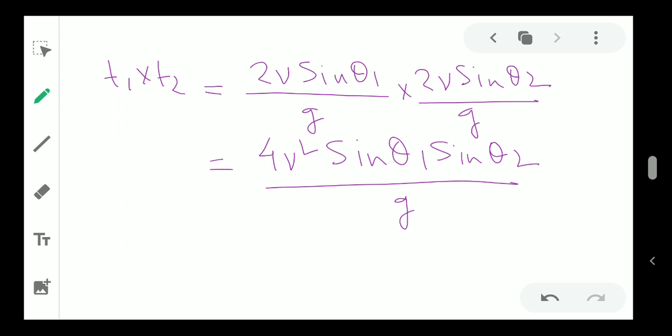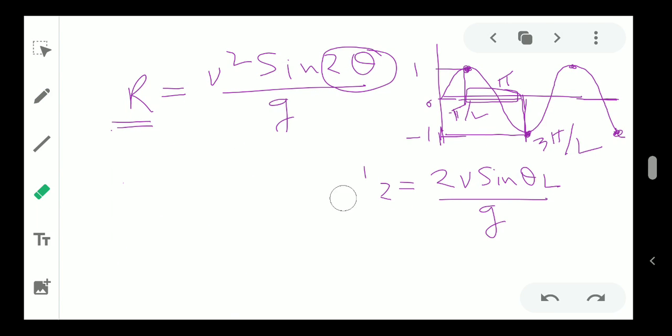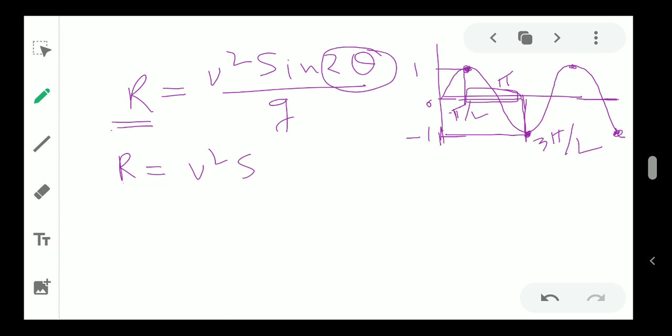Now if I put theta 1 equal to theta and theta 2 equal to theta plus 90, you will ask why we are adding theta plus 90 here. Because, coming back to this one, if you talk about this range R, if I put here in place of 2 theta, 2 into theta plus 90, that is pi by 2, what am I getting?